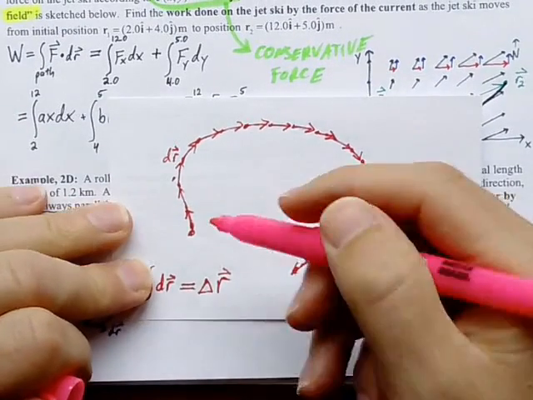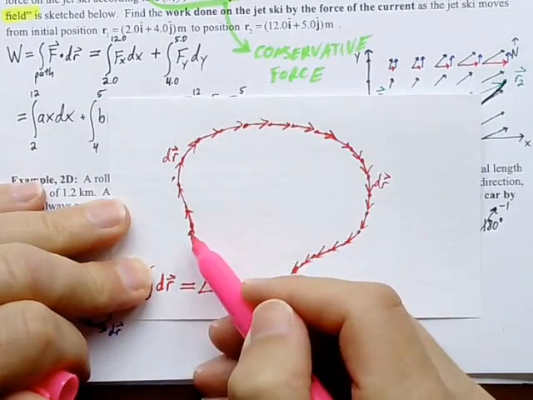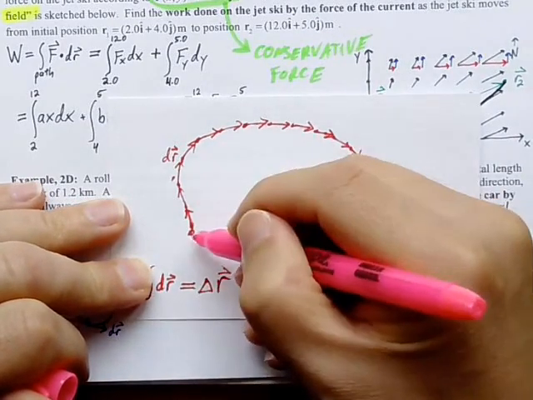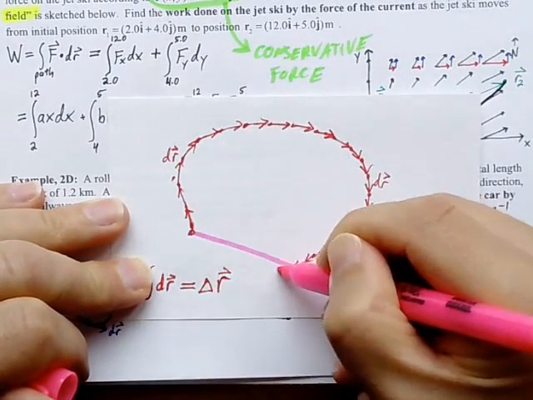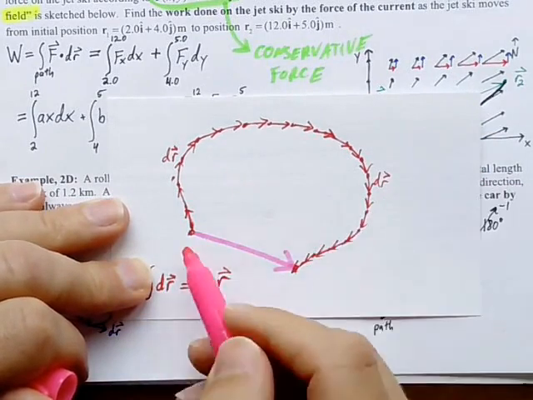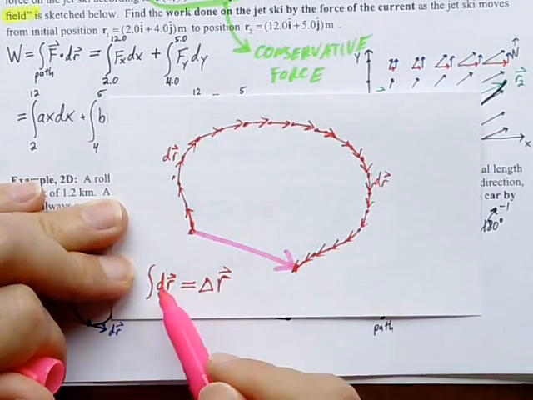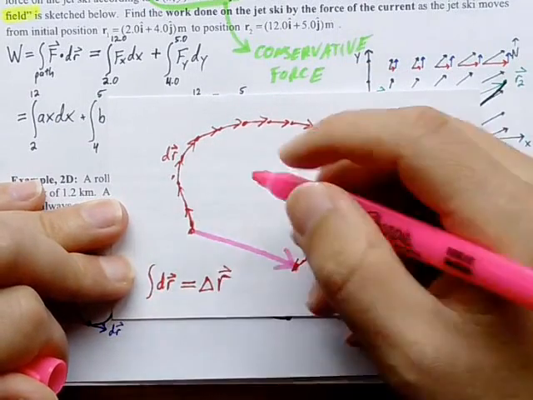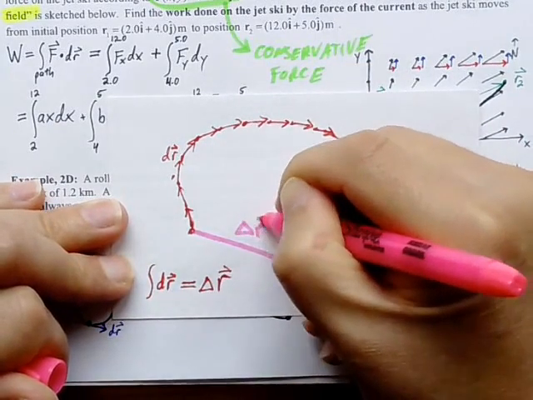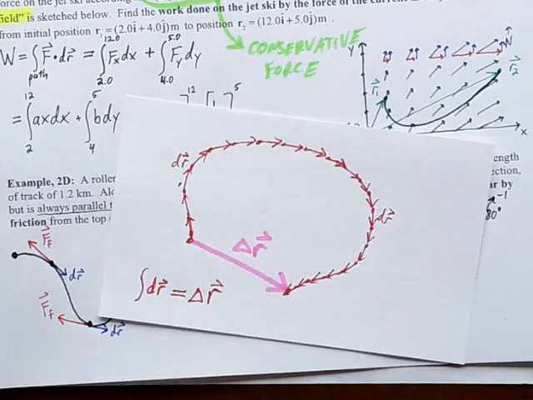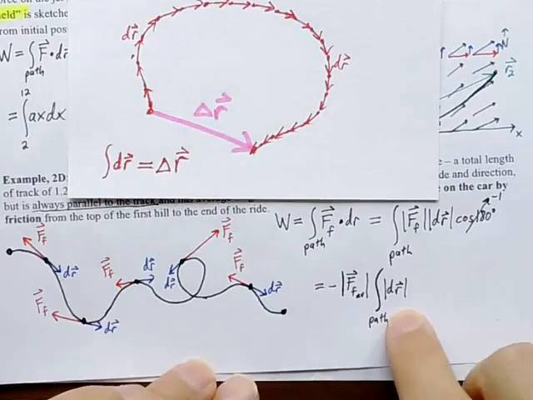The delta r, the vector pointing from the very beginning of this chain to the very end of the chain. We've lined up these vectors to add them in head-to-tail method. So the sum of all of them, the infinite sum of this infinite number of infinitely small displacement vectors, is a vector pointing from the beginning of the chain to the end of the chain. So that would be the sum of all the displacement vectors. But that's not what we're doing here.